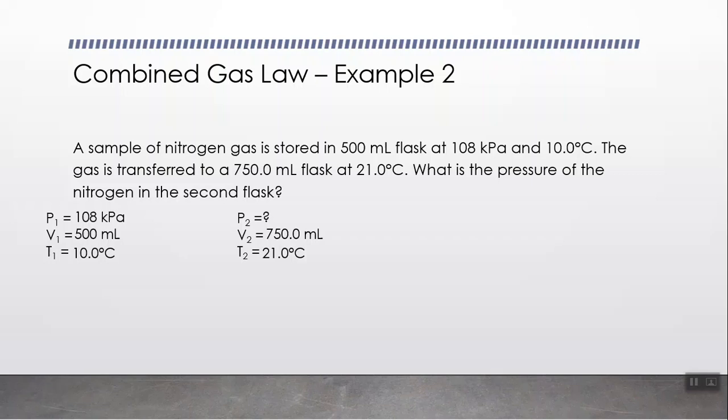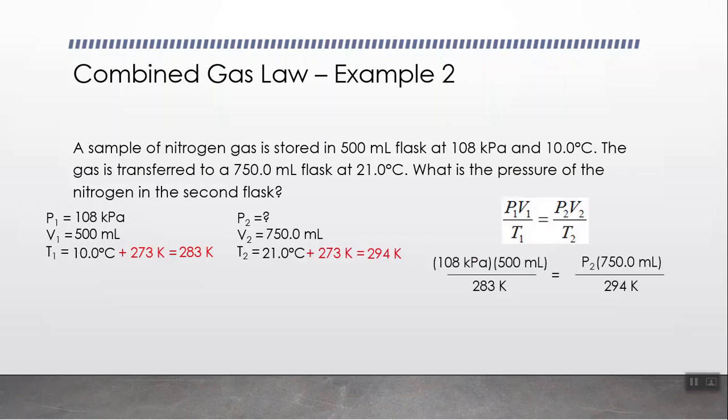So to each one, we're going to add 273. So initial temperature, add 273 to 10 degrees Celsius, and you get 283 Kelvin. Temperature 2, do the same thing, and we get a total of 294 Kelvin. Now we can plug it in. So you plug everything in. Again, you're going to cross multiply, and this time we're solving for the second pressure.